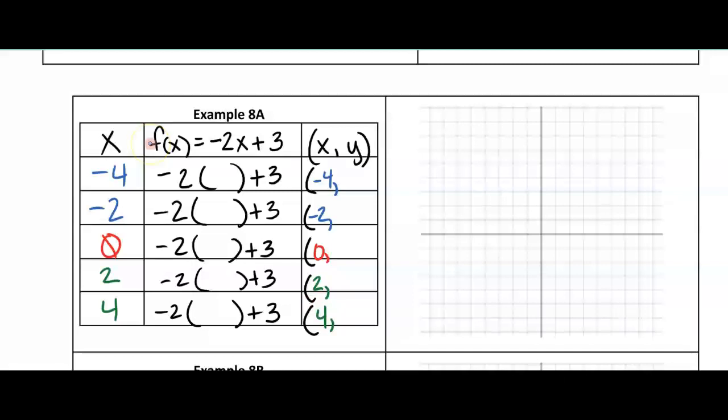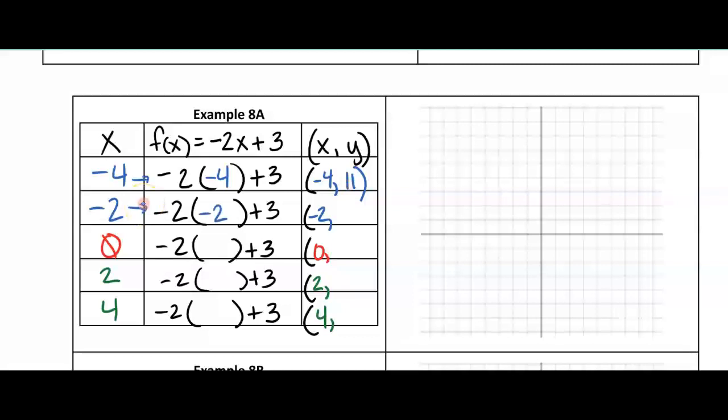Okay, and then we're going to evaluate each of these for each of these x values. We want to find this when x equals negative 4. So what is negative 2 times negative 4? Positive 8 plus 3? 11. Okay, and we'll do the same thing for negative 2.